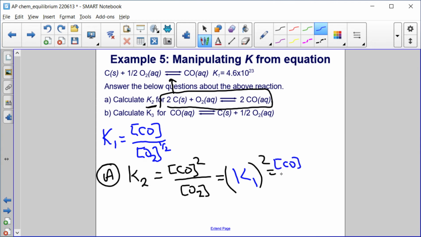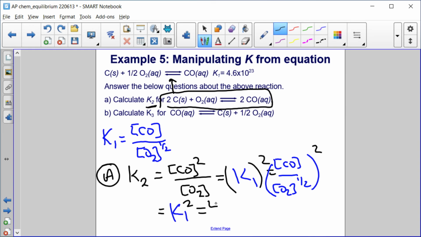So we have CO over O2 to the 1/2, squared. And if we distribute this exponent, we get CO squared and O2, so 1/2 times 2 is 1. So O2 to the first power. Okay, so that checks out. So this is K1 squared.